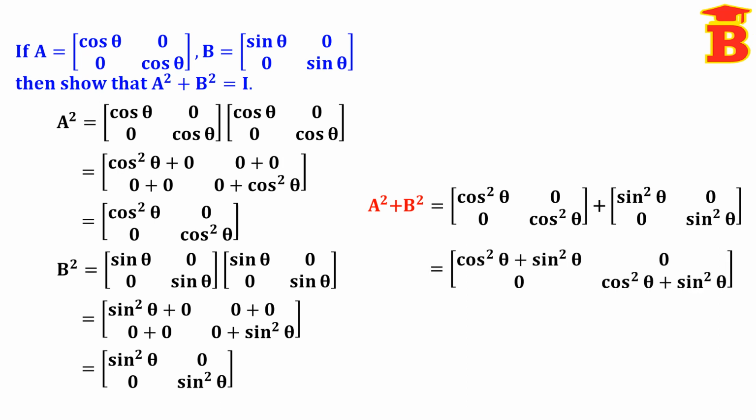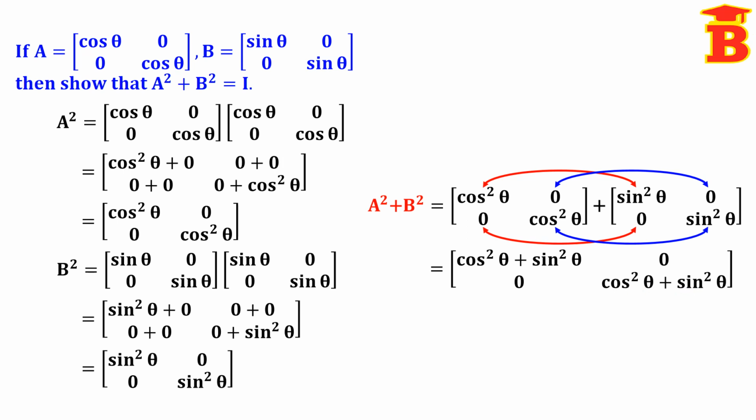We have to add the corresponding elements. That means we add first and first element, cos square theta plus sin square theta. Next second and second elements, 0 plus 0, 0. Next third and third elements, 0 plus 0, 0. And finally the fourth and fourth elements, cos square theta plus sin square theta.